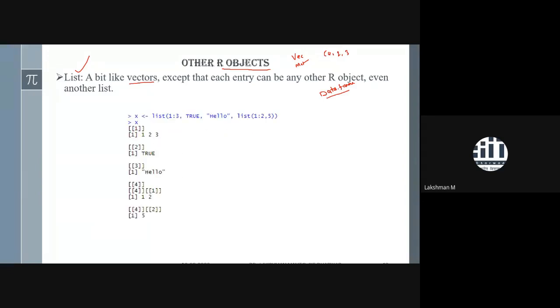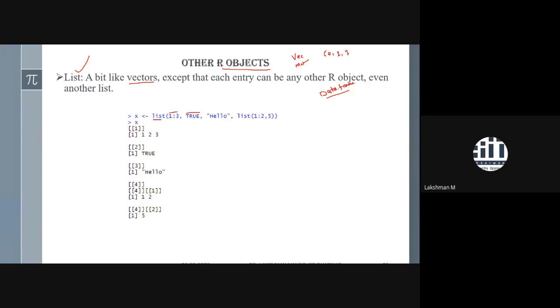Here I have taken one example of a list. Under the list object, we put the first argument as a vector, 1, 2, 3. The second argument is a word, TRUE.